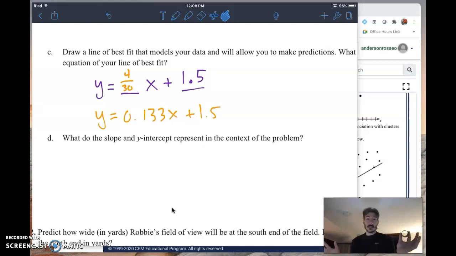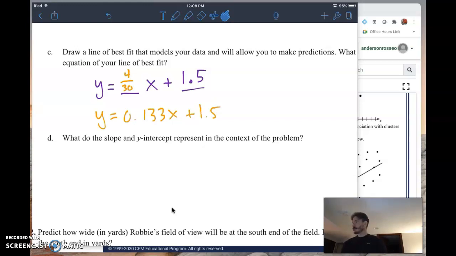That's important. But then what does the slope mean? Because the slope's a rate, it's a little tougher. The slope is going to represent how much gain we have for every movement to and from the wall. And you can always put this over 1, 0.133 over 1.